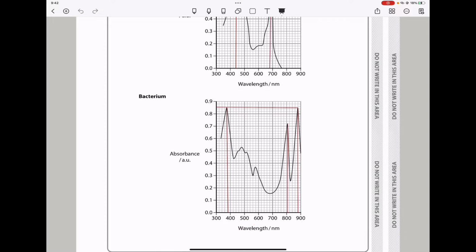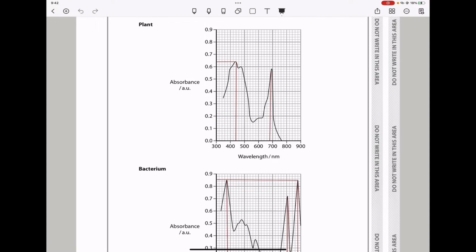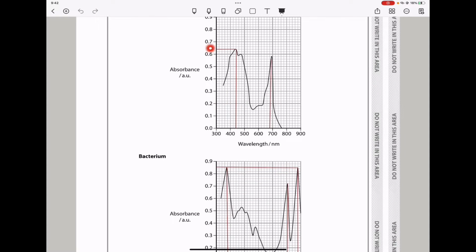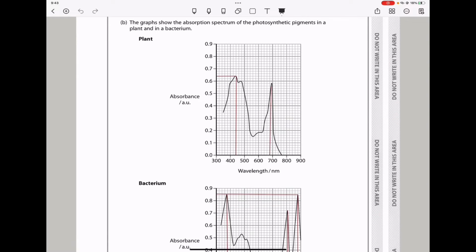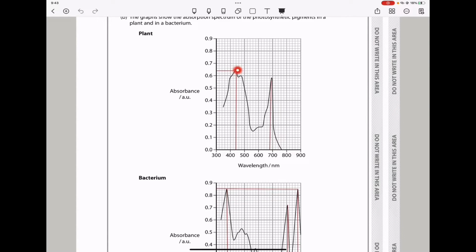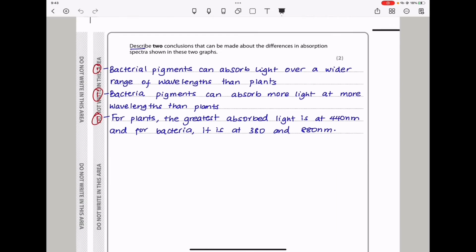Over more wavelengths, we can see absorbance of a wider region, and here we see absorbance of a smaller region of wavelengths, and then we see this is higher in comparison to that. So lastly, I said for plants that the greatest absorbed light is at 440 nanometers, and for bacteria it is at 380 and at 880 nanometers, which we can see here. There is this one here, which is the highest there, while for bacterium we have that and that, which are about 380 and about 880 nanometers.